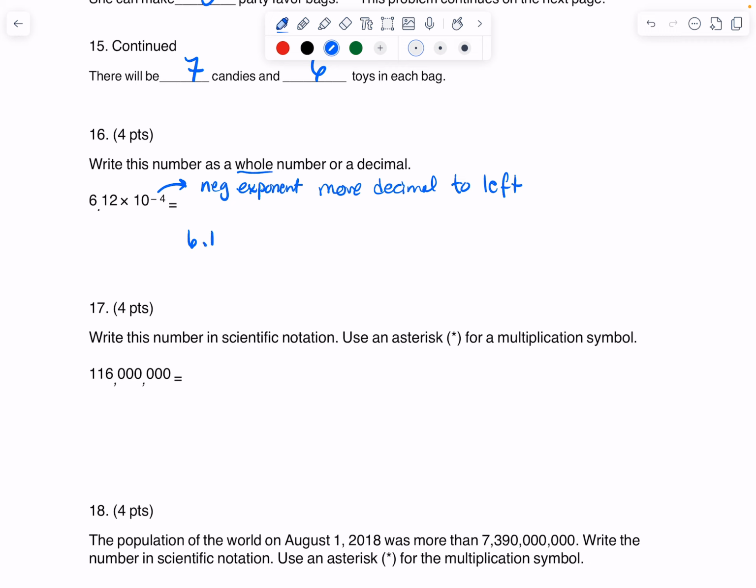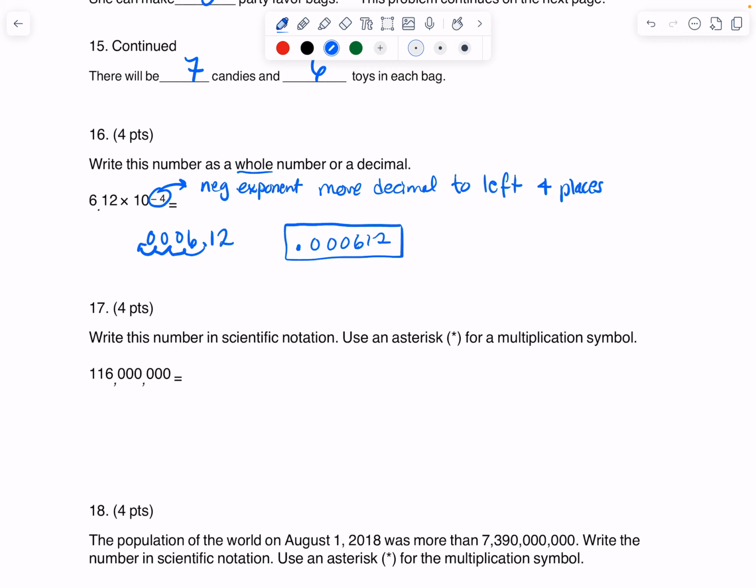So 6.12, I'm going to move the decimal to the left 4 places. And the reason why I knew that is because my exponent is negative 4. So 1, 2, 3, 4. I'm going to have to plug in some zeros. So 0.000612 would be my decimal answer.